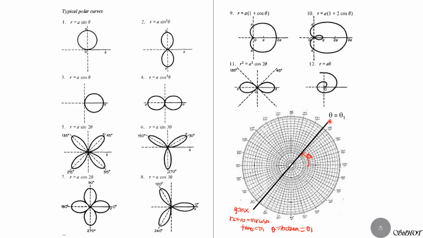If this theta 1 here is, let us say, 45 degrees, that's just an assumption, then theta equals pi over 4. That's the equation of that line through the origin.